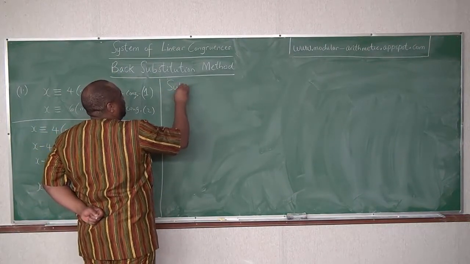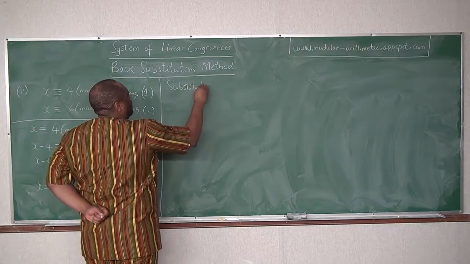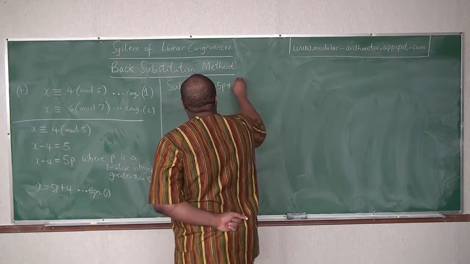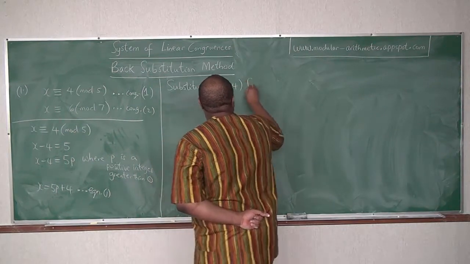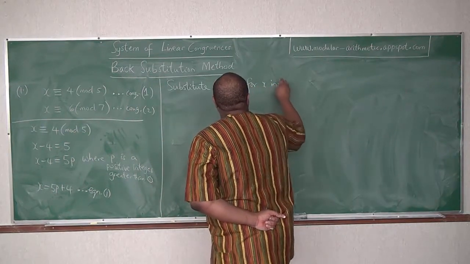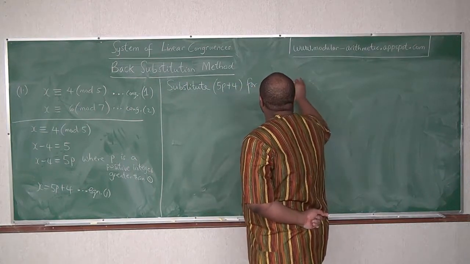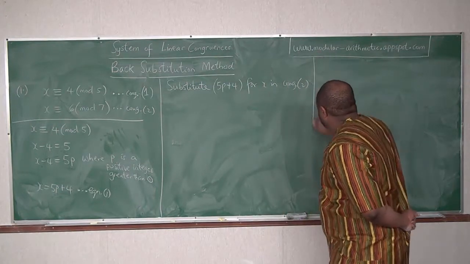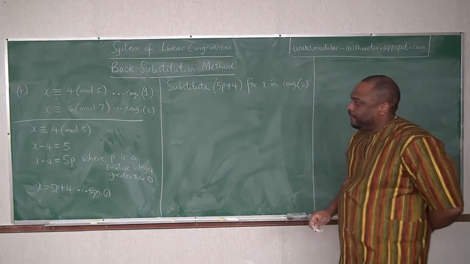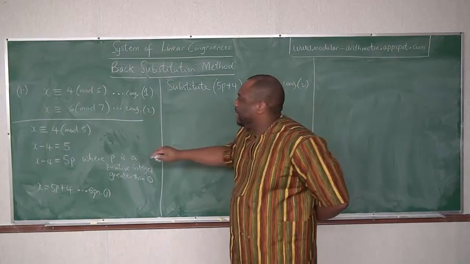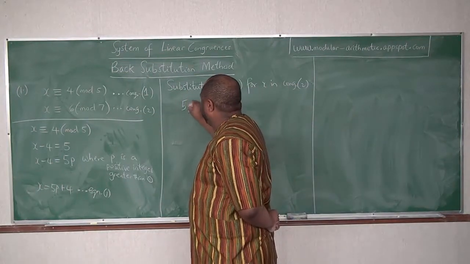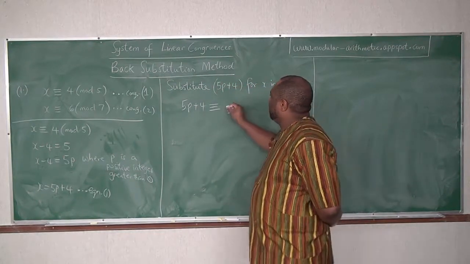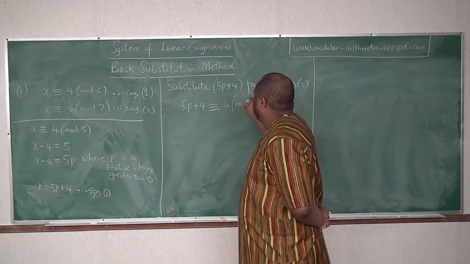Substitute 5p plus 4 for x in congruence 2. Okay, so where I see x, I now put 5p plus 4 is congruent to 6 in mod 7.